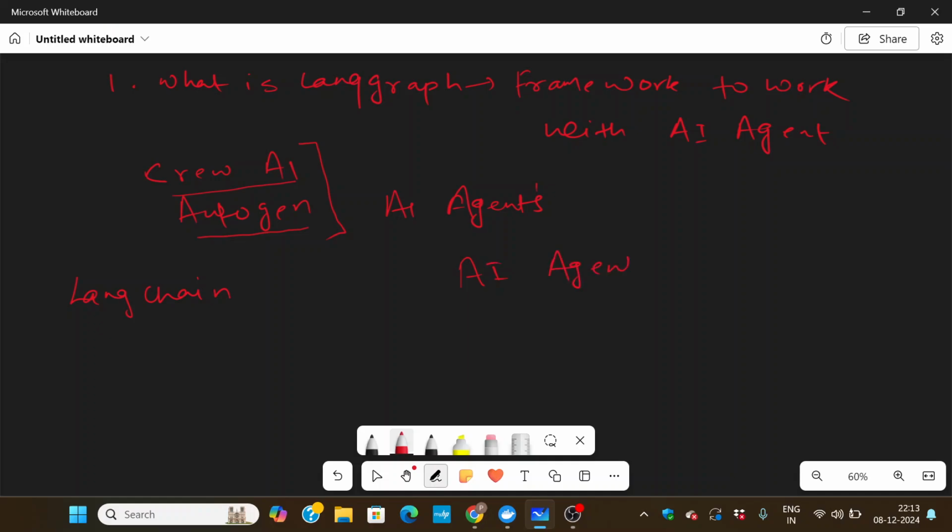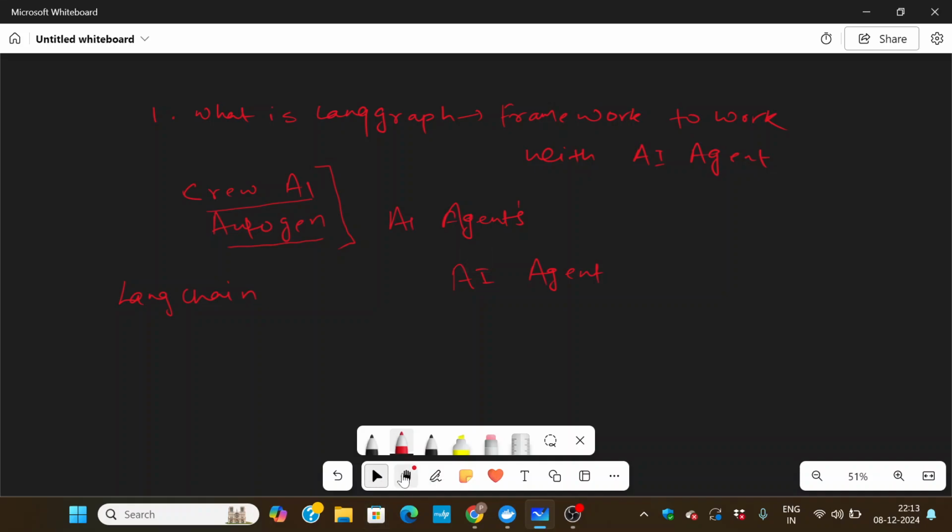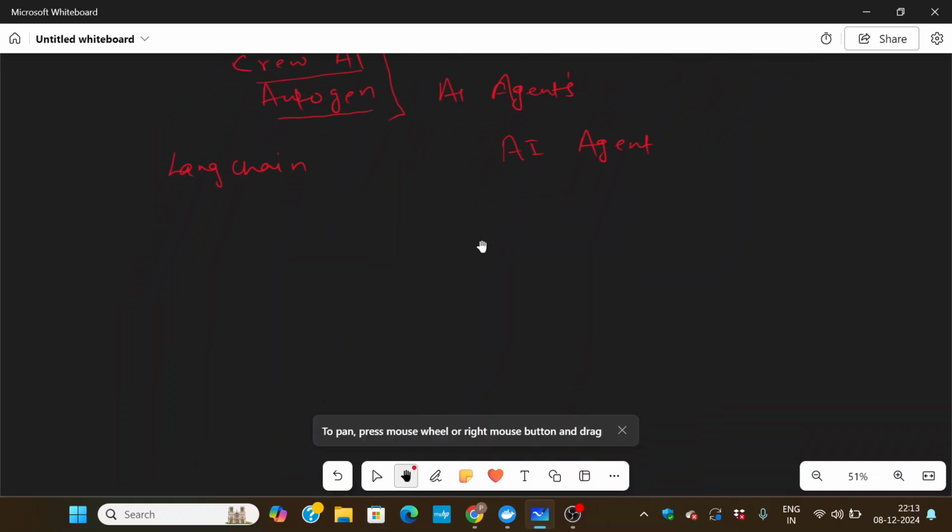So the basic terminology which comes into the picture here is, what is an agent, and what is the difference between chain and agent. So take an example of RAG, guys.